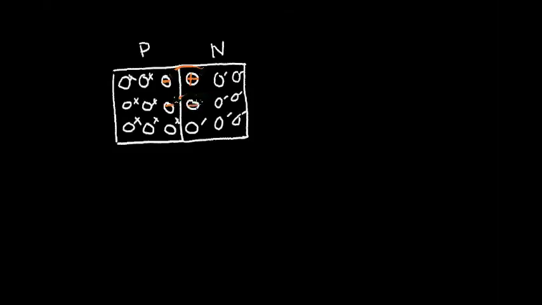And this region is positive because it has lost an electron. And the same thing can happen down here. This electron, let me erase it here. As this electron moves over, combines with this hole, we gain a negative charge here and a positive charge here.